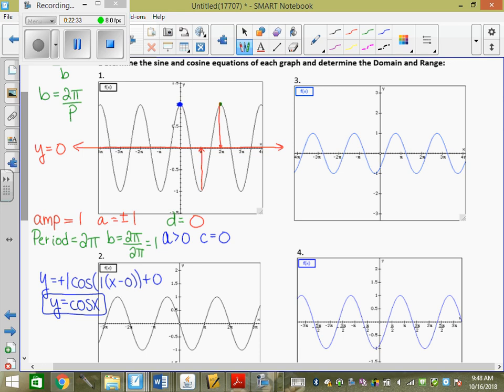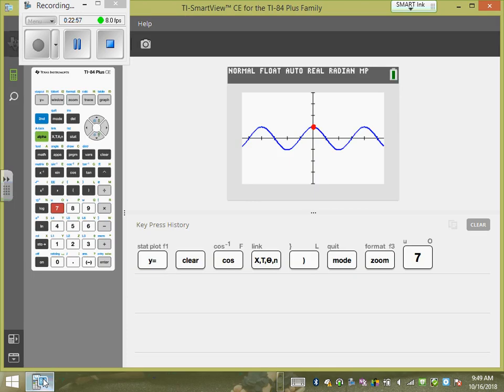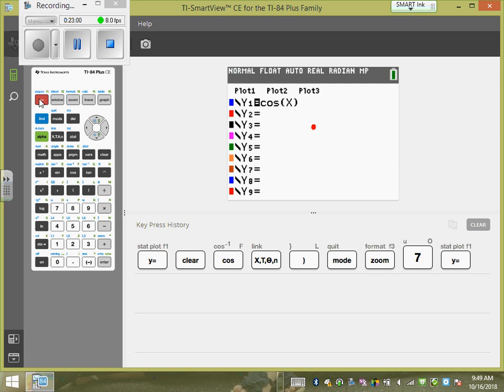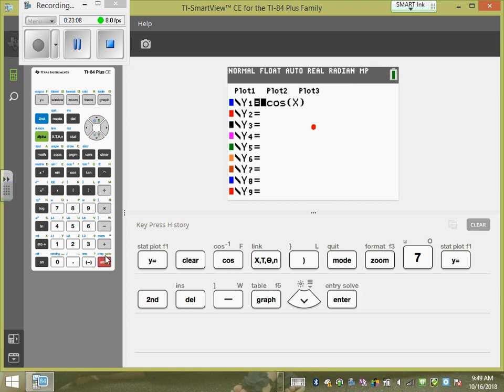However, when a is less than 0, so I have a equal to negative 1 in this case, my graph switches. What does that negative a cause the graph to do? Reflect in the x-axis. So I'm going to go back to my calculator. If I go negative, I can insert negative cos x.